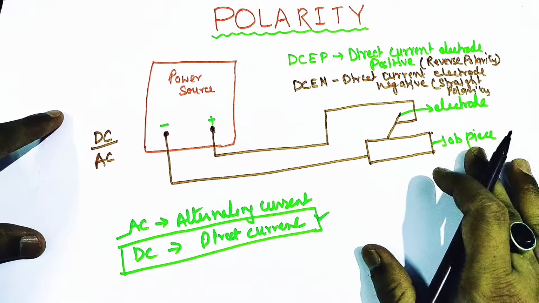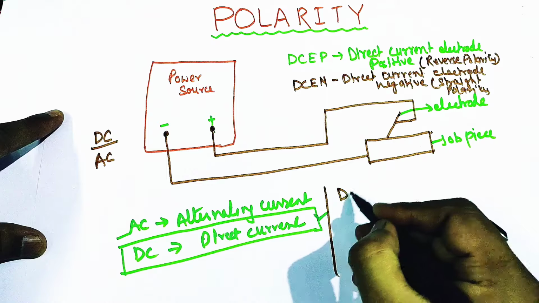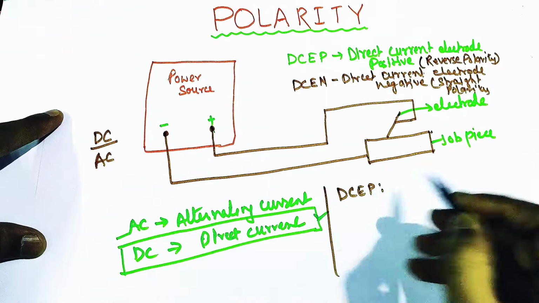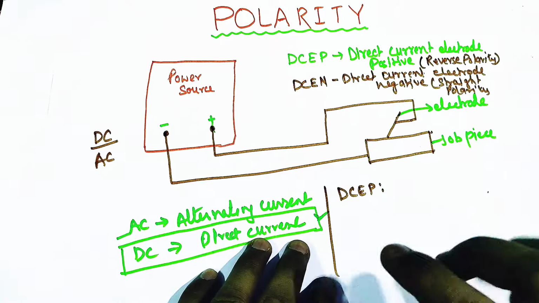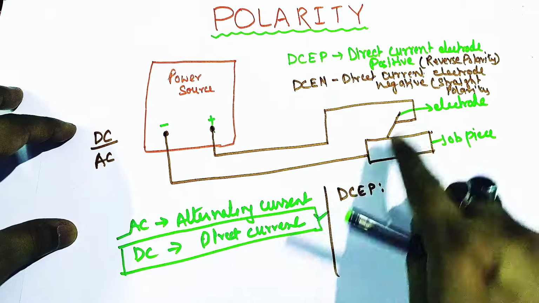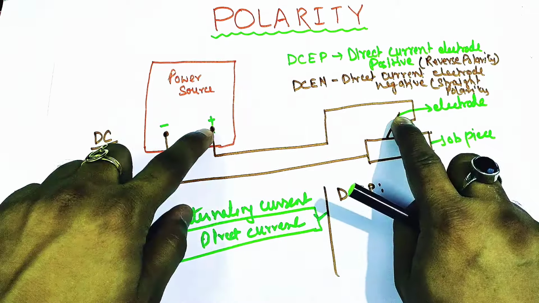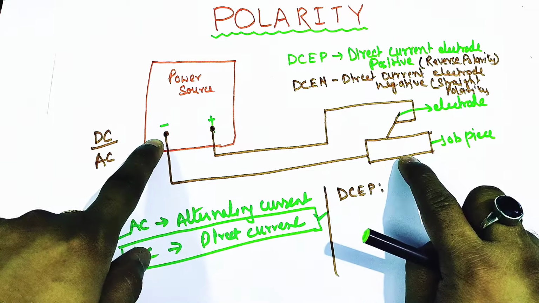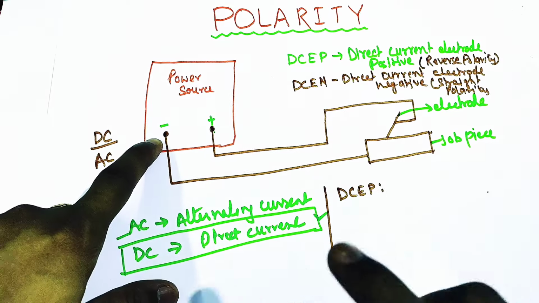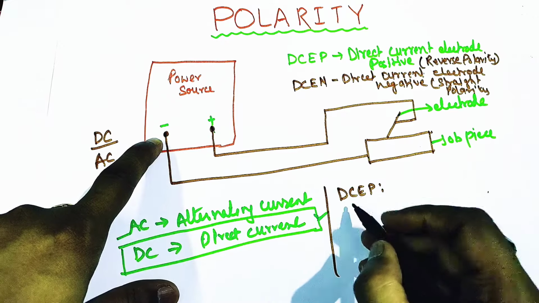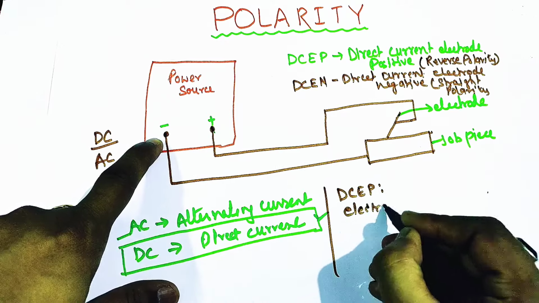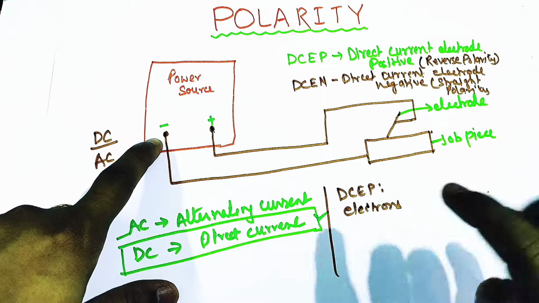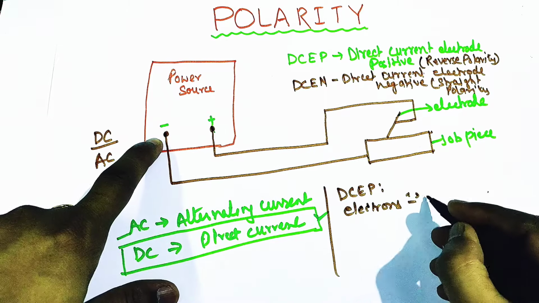So friends, first consider if it is DCEP, means direct current electrode positive, or reverse polarity. Here the electrode will be connected with the positive terminal and the workpiece will be connected with the negative terminal. Now the flow of electrons always happens from negative to positive.